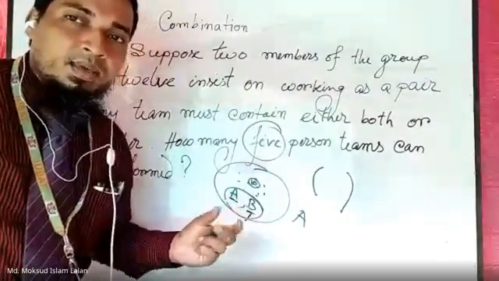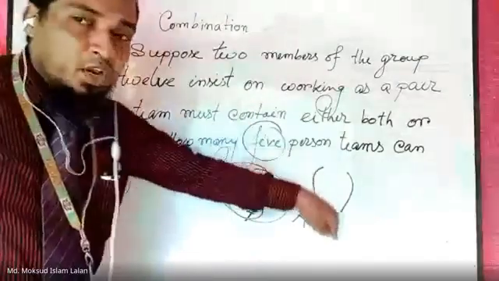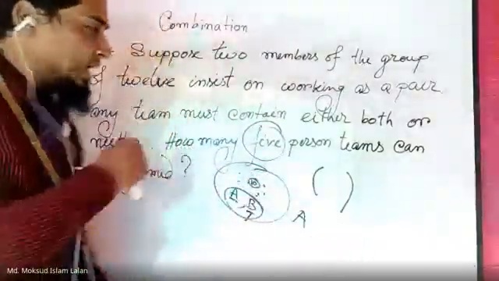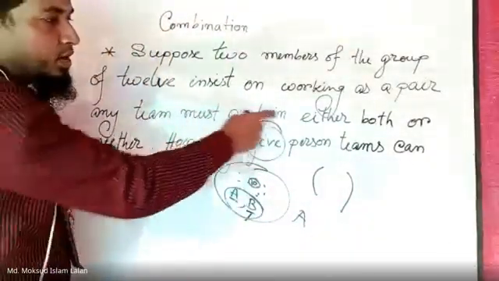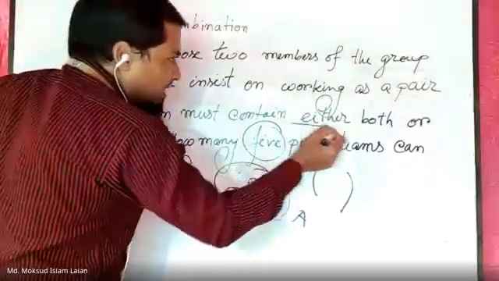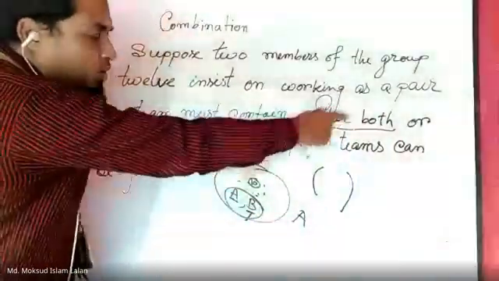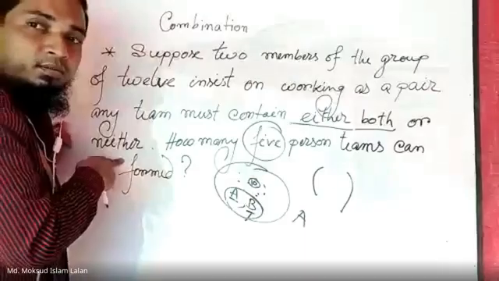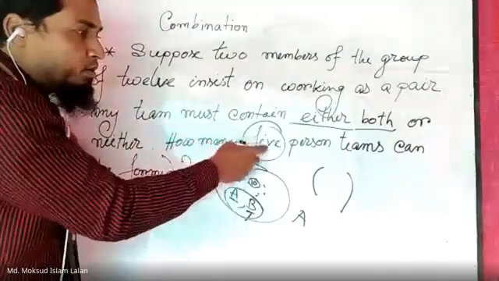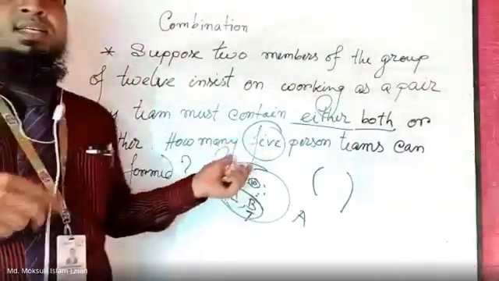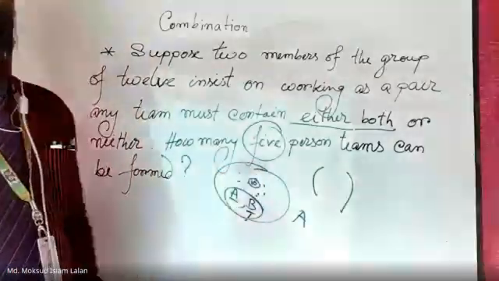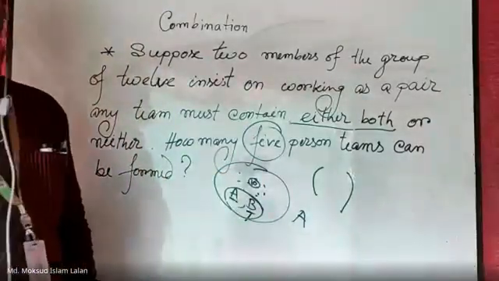So maybe they will both belong or not. Either both must belong or neither belongs in the 5-member group. Do you understand?